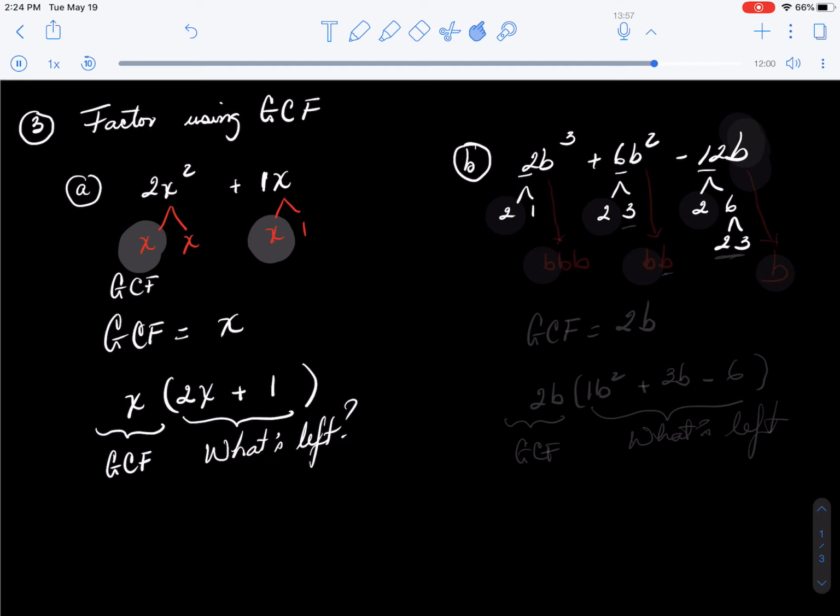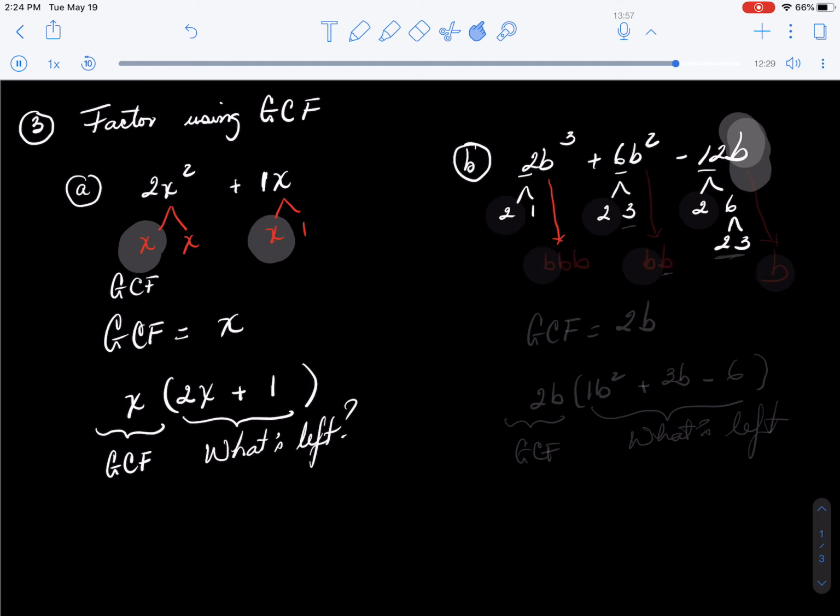On the b to the third, if you get used to factoring, the GCF is always the lowest exponent. In this case, it is the b. Let's find out why. So b, in this case, is my GCF.